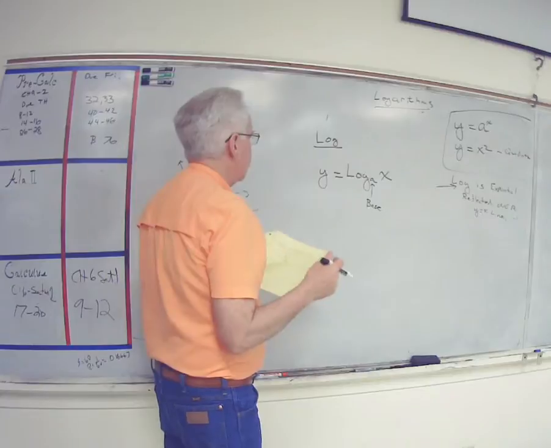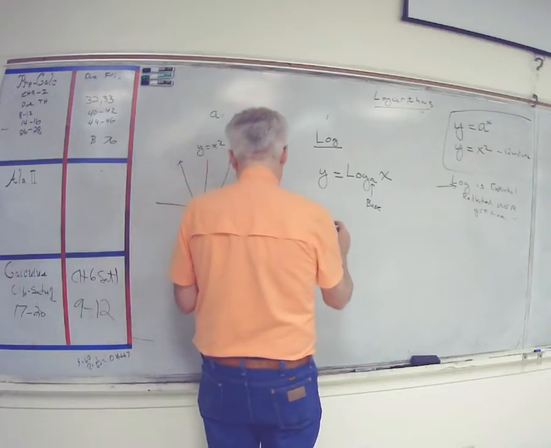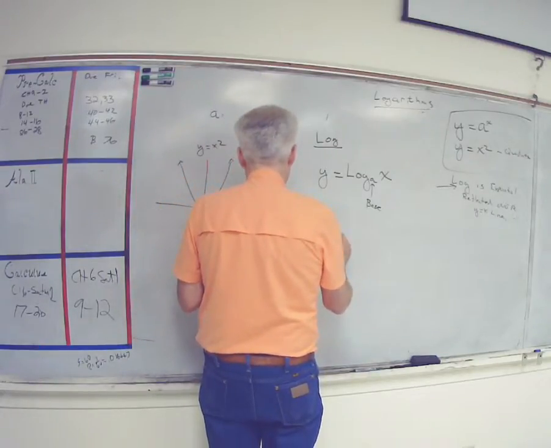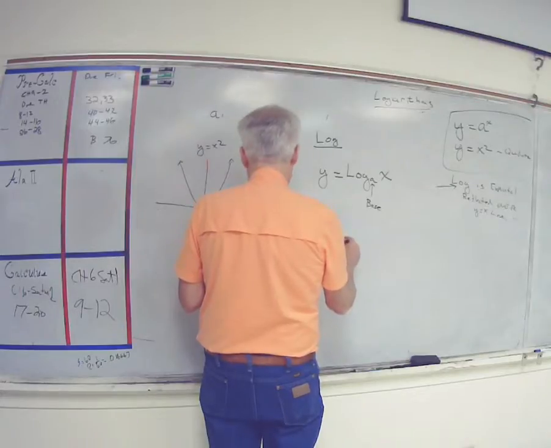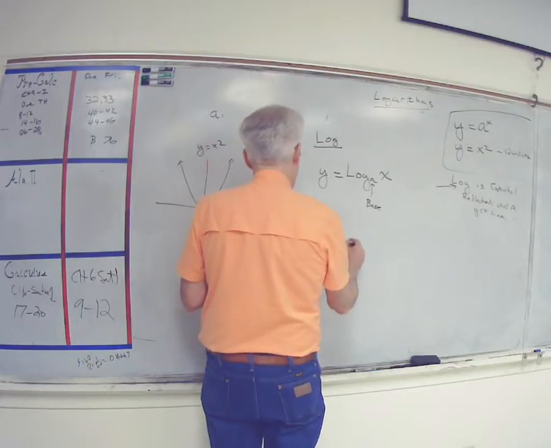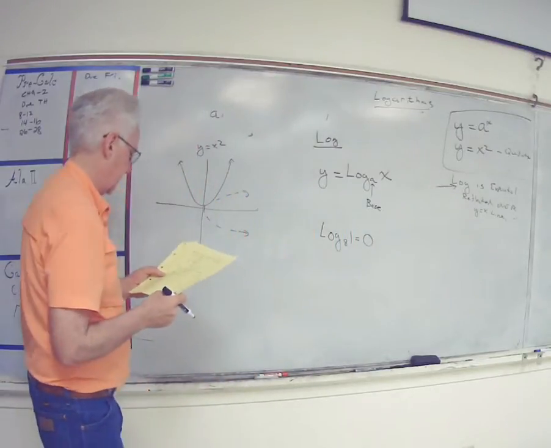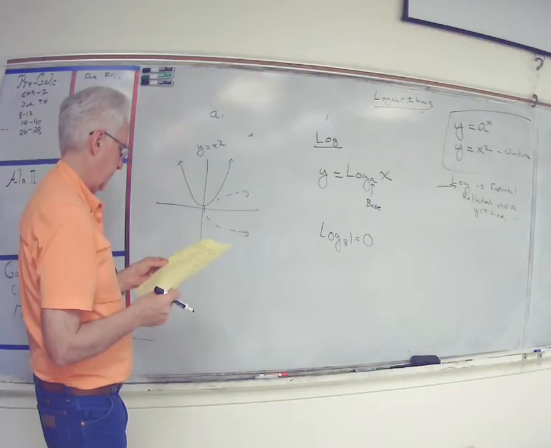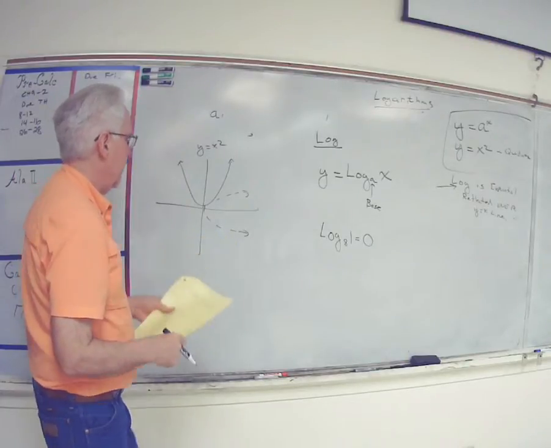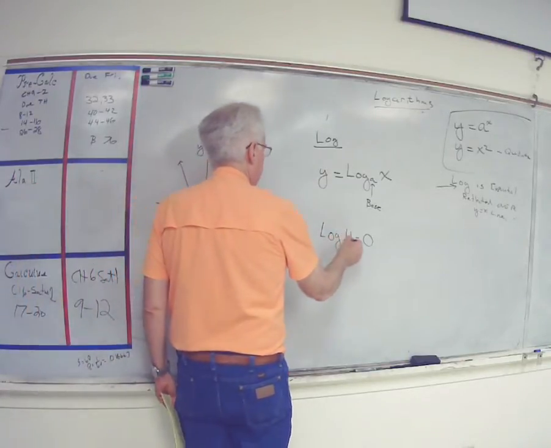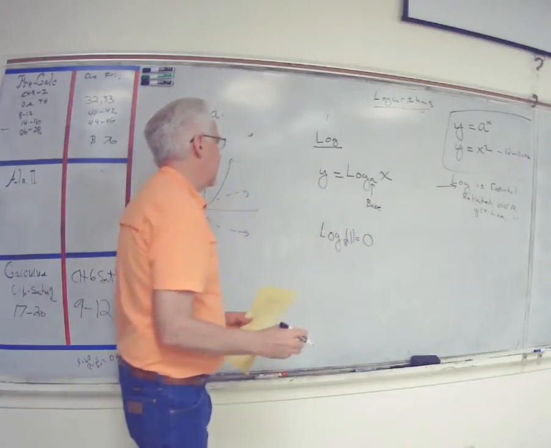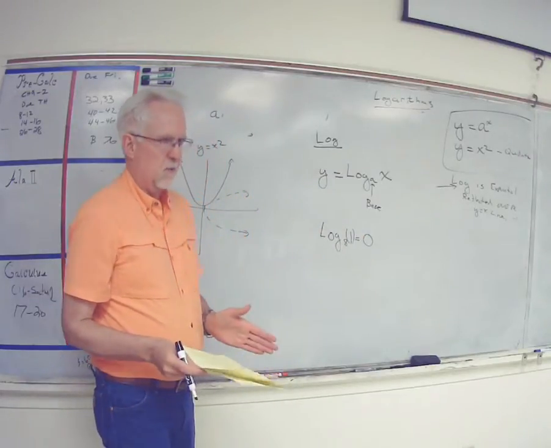So this is how it works. If I have log base 8 of 1 is equal to 0, would the 1 be in parentheses? It would probably be good to do that, because what you have to see is this is not log times 1.